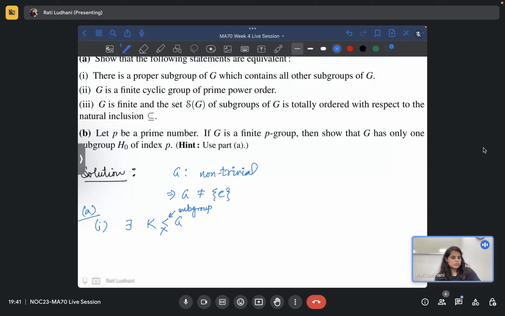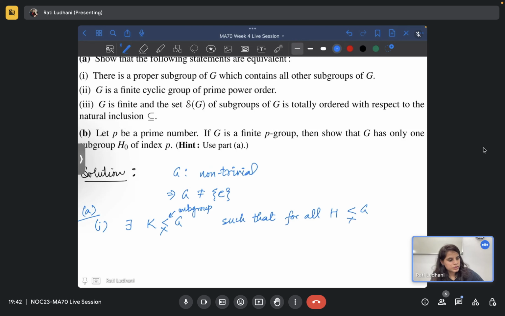So the first condition says there exists a proper subgroup K of G, not equal to G, which contains all other subgroups of G, such that for all H subgroups of G, which is again proper.